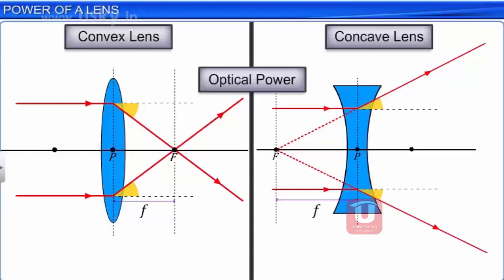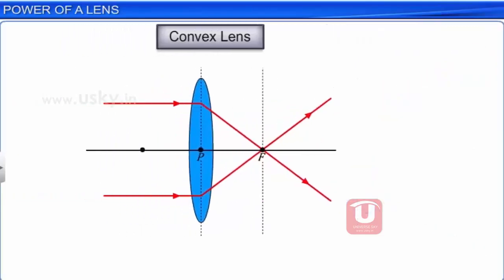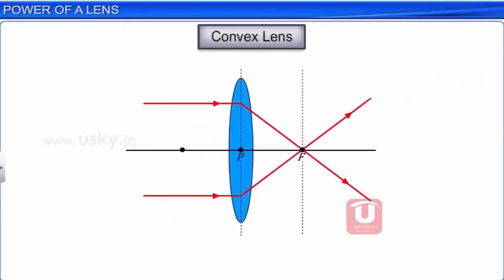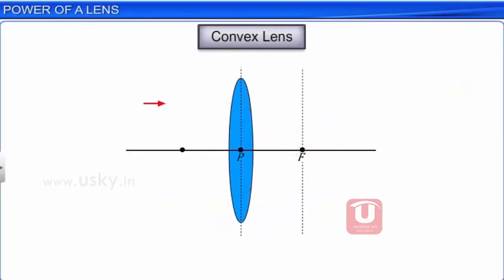You know that a light ray, when incident parallel to the principal axis, after refraction by a convex lens, passes through its principal focus. If the ray is incident at a height h from the pole, and the deviation of the light ray, or the angle through which the light ray converges, is d, then tan d is equal to h by f.